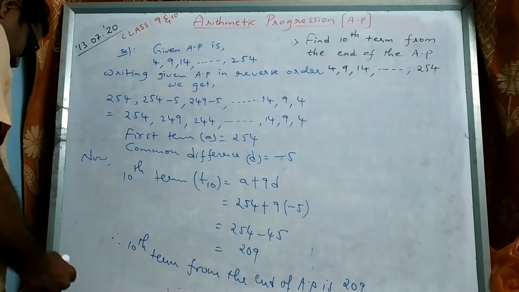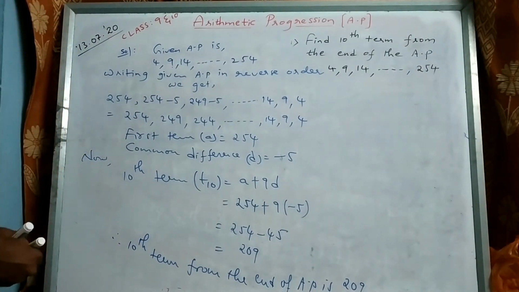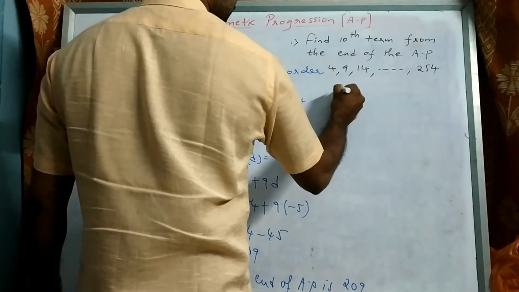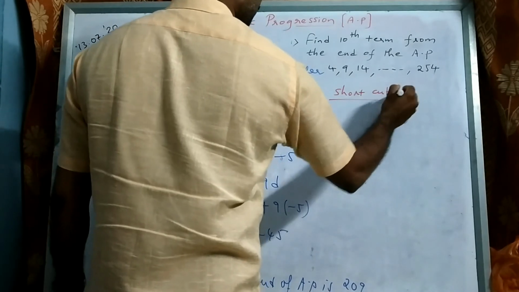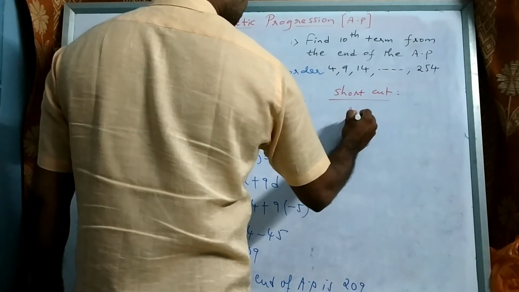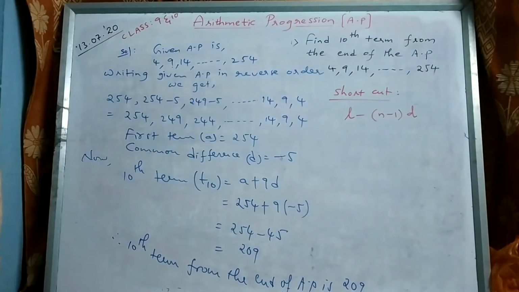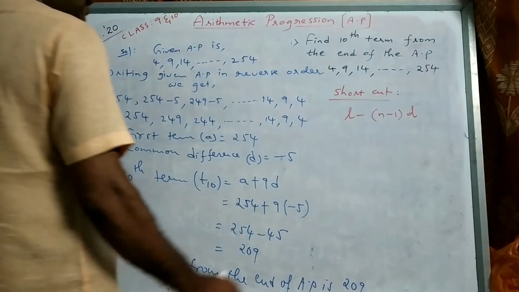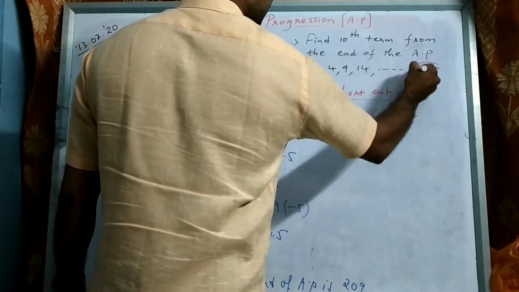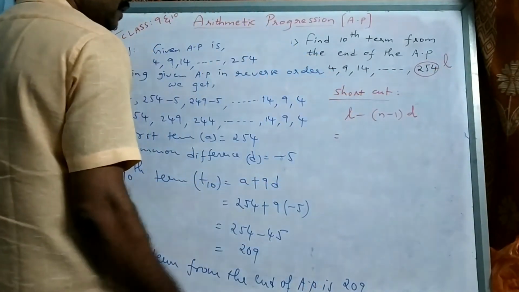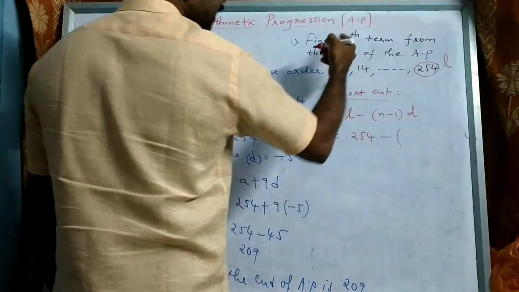So, if you don't want to do this procedure, I will tell you a shortcut. See, there is a direct formula to find this: L minus (n minus 1) into D. Whichever term we want to find here, the n value is 10. Last term, this is L. Last term we should take, that is 254, minus (n means which term we want there?